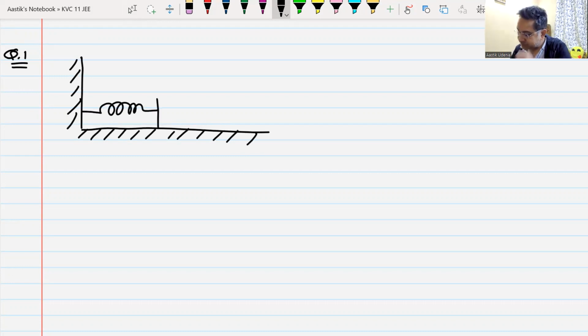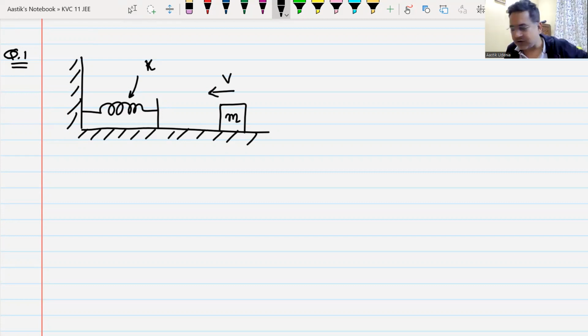Here we have a spring of spring constant K, and a block of mass M moving with a velocity V on a smooth horizontal surface.